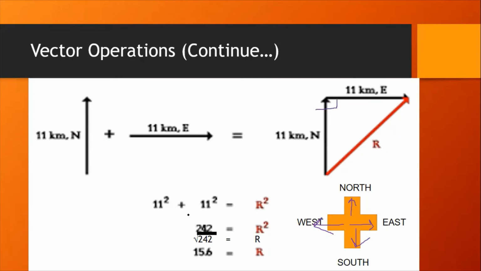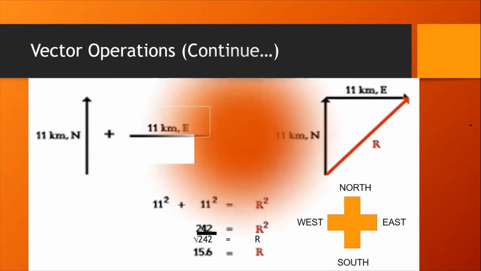So we will apply the Pythagoras theorem over here. 11 squared plus 11 squared is equal to R squared. You can see the square root of 242 equals R. So the answer will be 15.6 kilometers, you can write it down, 15.6 kilometers resultant here. So this is the way to calculate it.